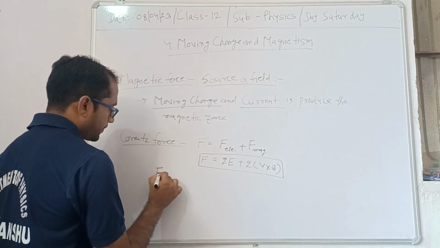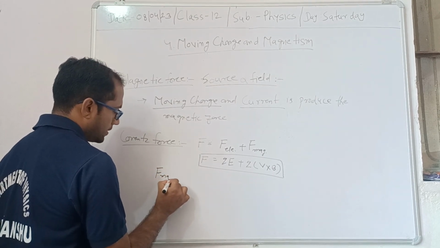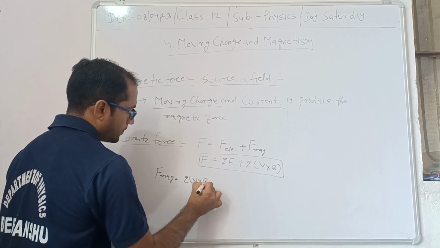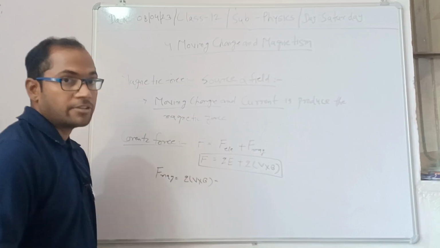If I write F magnetic equals QV cross B, this is a vector quantity.